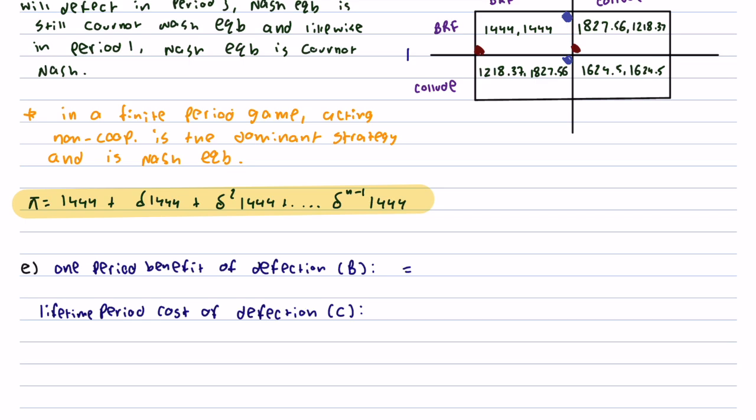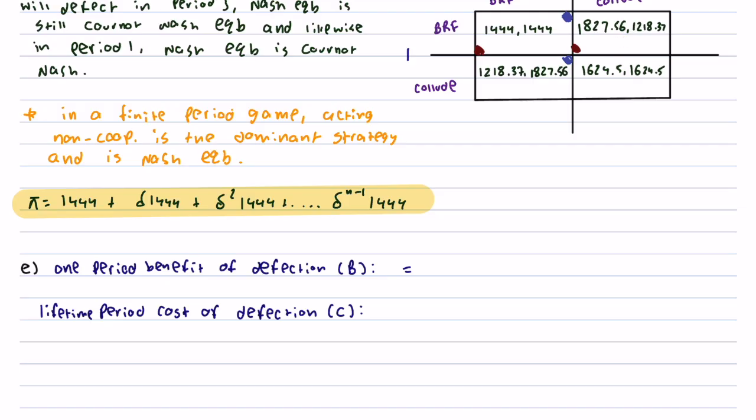For the benefit, we know that if both firms collude, they're both going to make $1,624.5 each. Let's say firm 1 decides to deviate and play their BRF. Instead of making $1,624.5 in the current period, they're now going to make $1,827.56 instead, right?